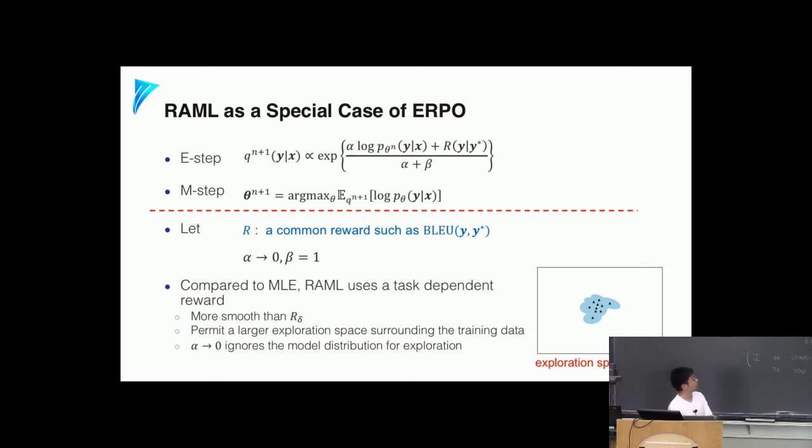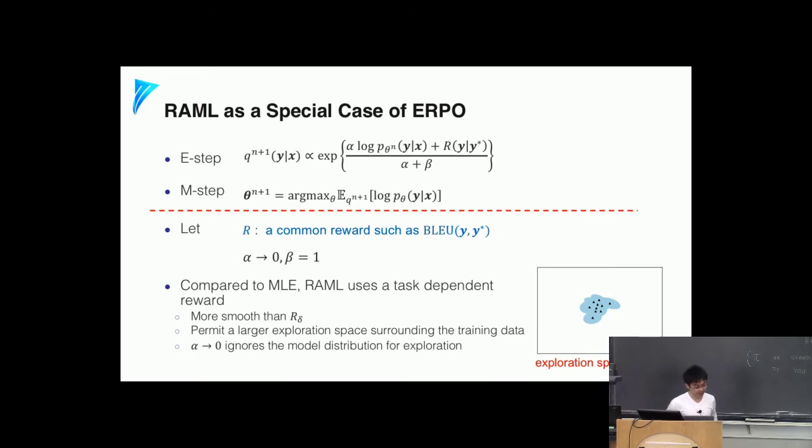But because alpha is set to 0, this term is ignored, which basically ignores the model distribution for exploration, because all exploration is based on the reward function.